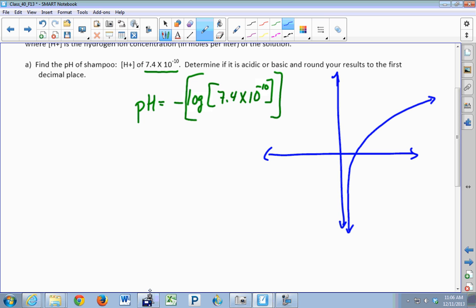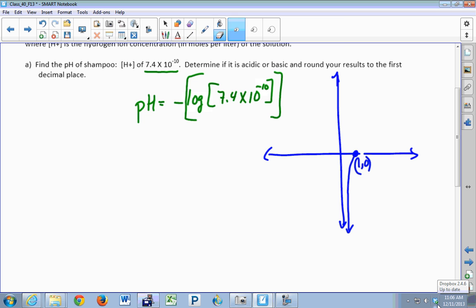It goes through 1, 0, and it goes through b, 1, whatever your base is. In this case, our base is 10, so it would go through 10, 1. So it'd be out here at 10, 1.